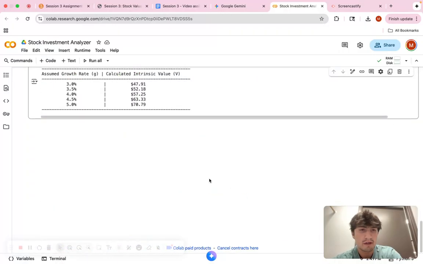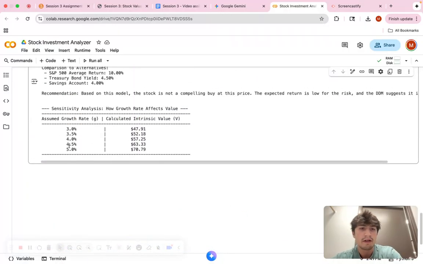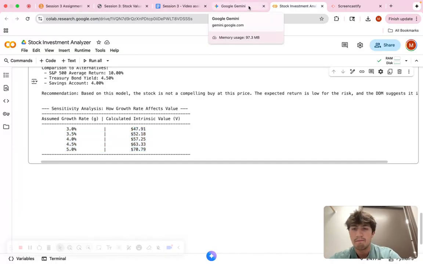You just keep going up. So you see that it increases by around $6 each time. So it would be up to like 130-ish, because you can see by the pattern here.